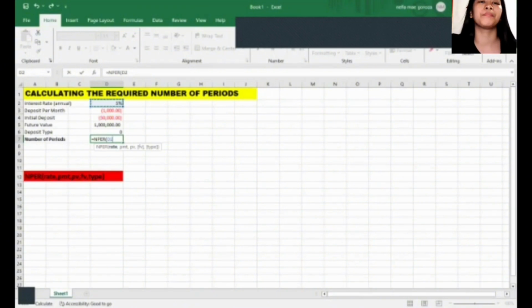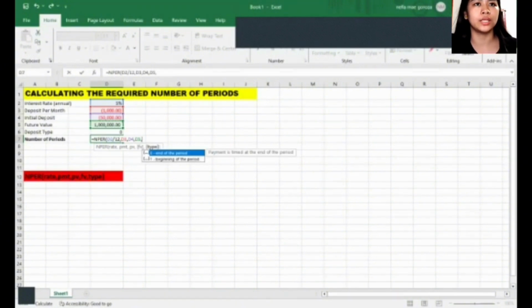So since na yung rate natin, yung interest rate natin is annual, kaya need natin siyang i-divide into 12 para makuha natin yung monthly interest rate. Then, multiply natin siya sa deposit per month, initial deposit, and also the future value, and last, the deposit type.